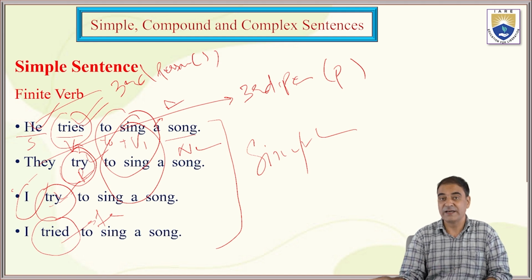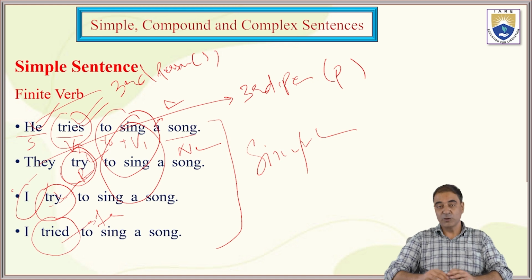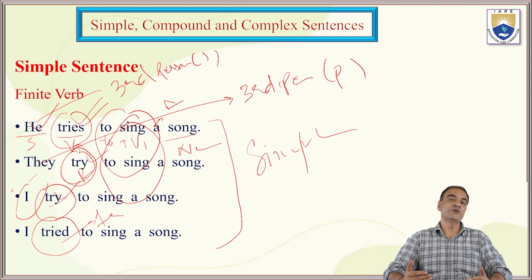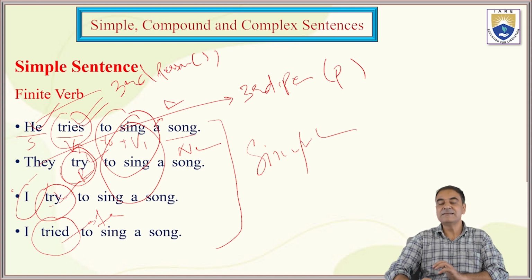We call it non-finite. Therefore, to sum up, in order to understand the simple sentence, you need to understand what a finite verb and a non-finite verb are. And what's the simple sentence? A simple sentence is a sentence that carries only one finite verb. And what is this finite verb? Finite verb is a verb that shows time of an action, number one. Number two, a finite verb is a verb that changes when we bring change in the number, gender, or person of the subject.